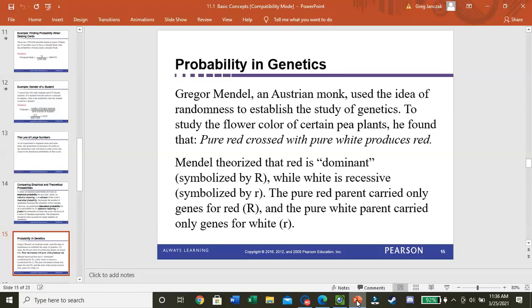And what he found was that there were more times it showed up red than white, and we're going to show why.